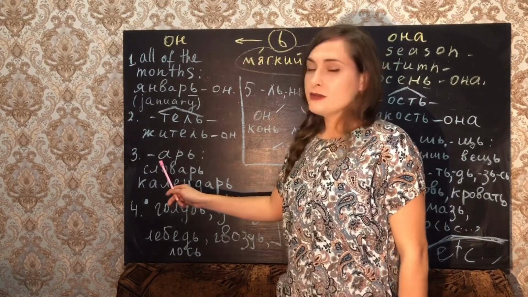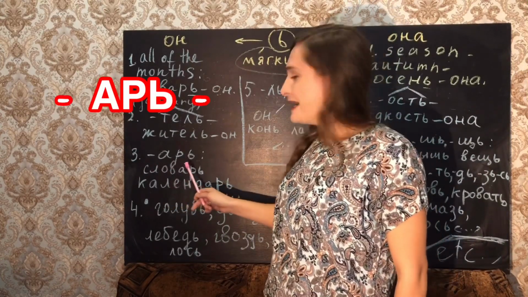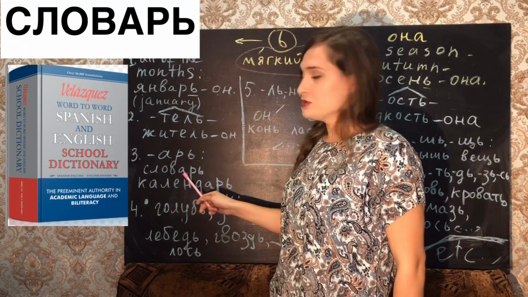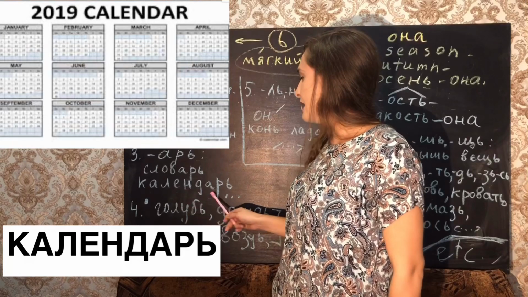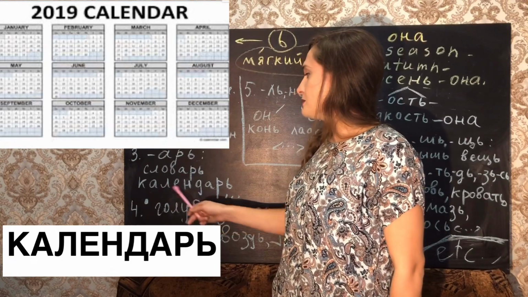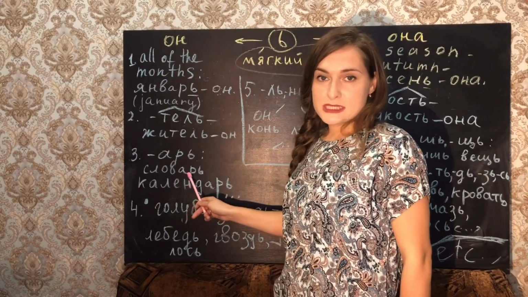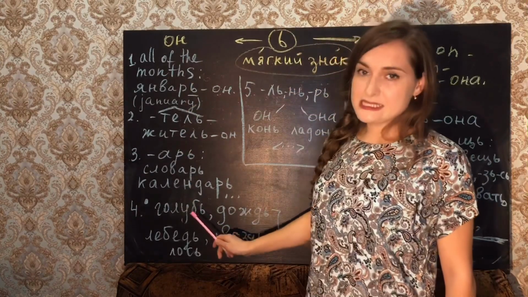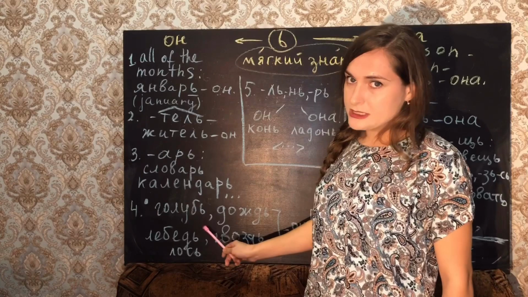Then, if the word ends with арь, for example, словарь, the dictionary, or календарь, calendar, it means that it is он.